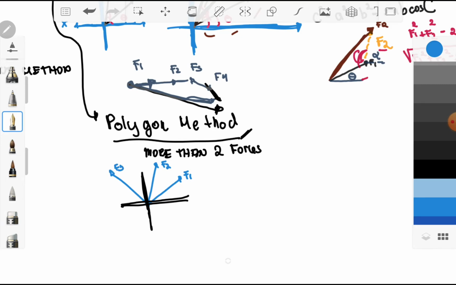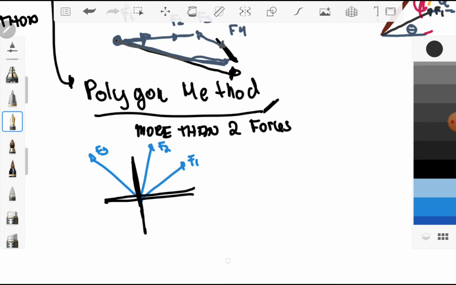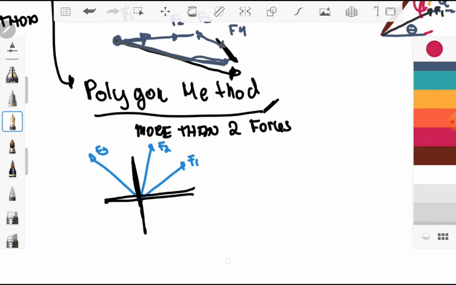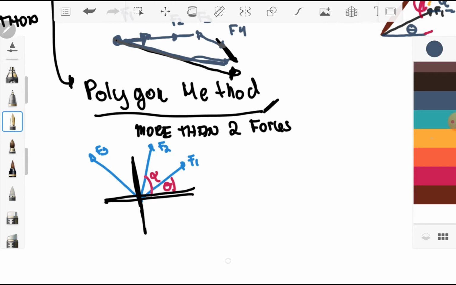Let's say I have an angle for my F1 as theta, and then my angle for my F2 as alpha, and the angle for my F3 is beta. Okay?